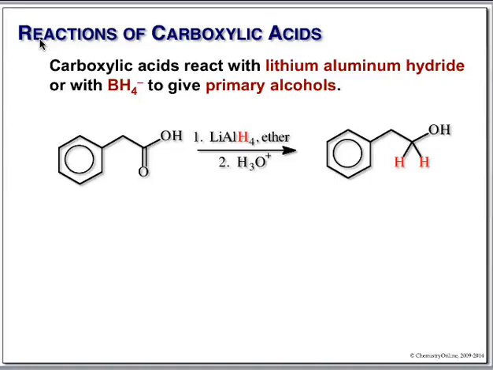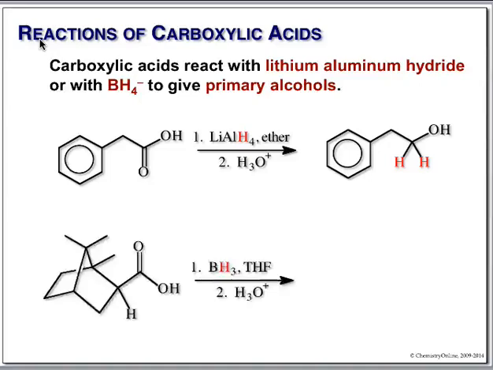All that happens here is that the carbonyl carbon becomes a CH2. Lithium aluminum hydride, carbonyl carbon becomes a CH2. Borohydride, same sort of thing. This is a derivative of a natural product called borneol. Go ahead and draw the product for this reduction.